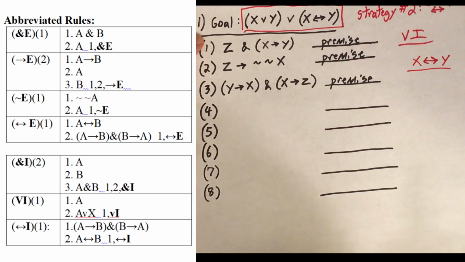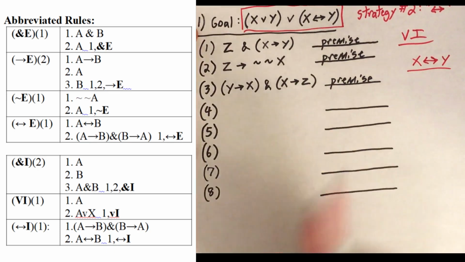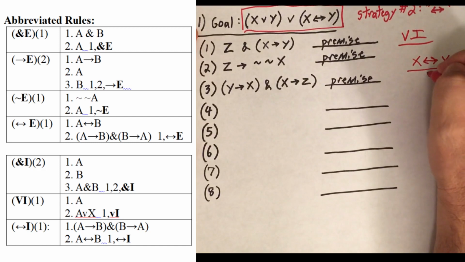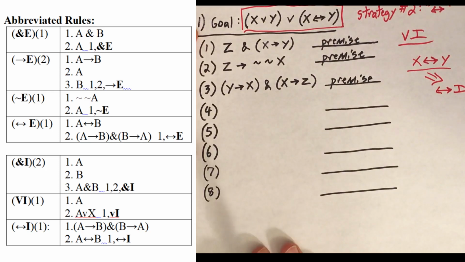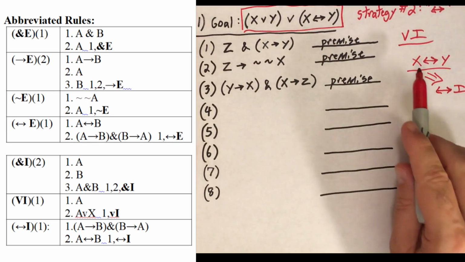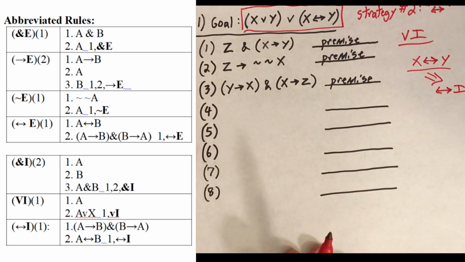So my sub-goal is going to be to produce this sentence. Good? How do I produce a biconditional? Well, of course, first I ask, do I see my sub-goal in my premises? I don't. So what does that tell me? It tells me that I'm going to need to create or introduce a biconditional. How do you introduce a biconditional? By creating two mirror image conditionals connected by an AND.